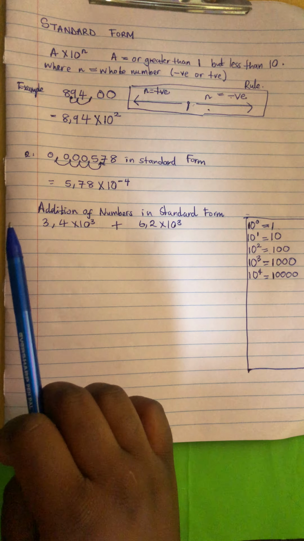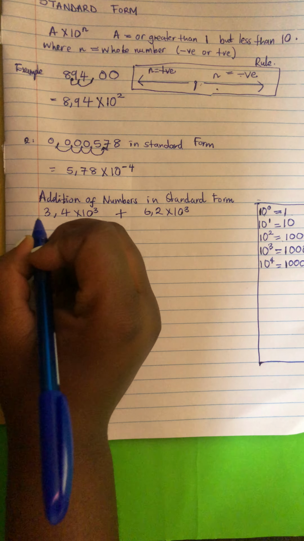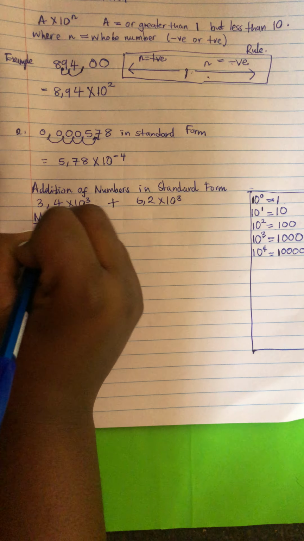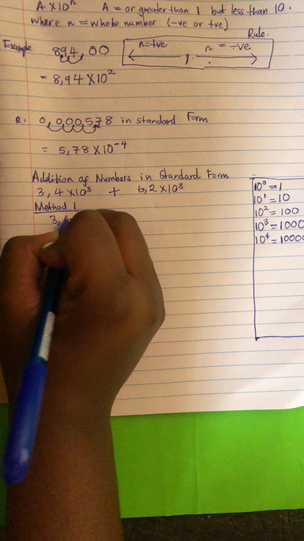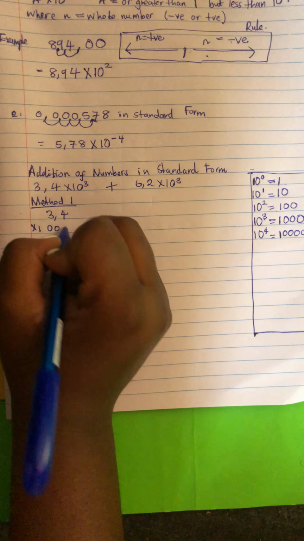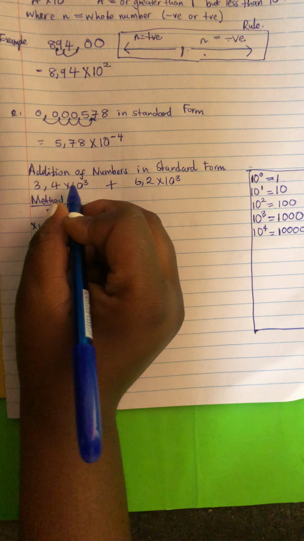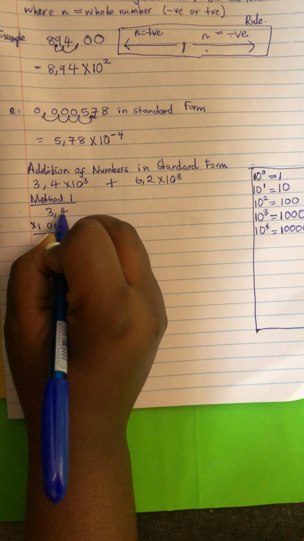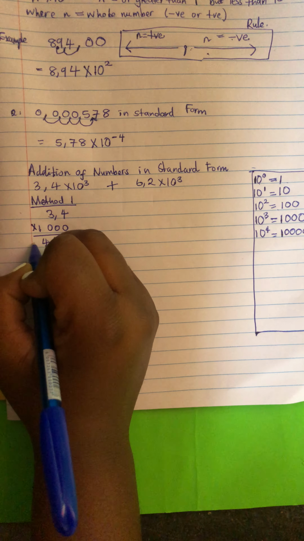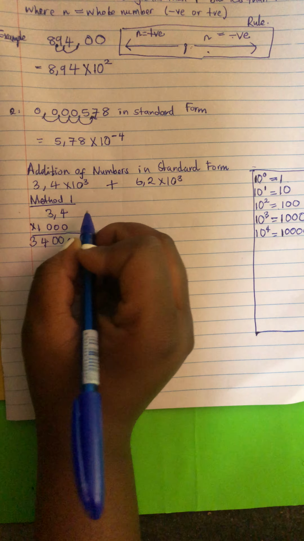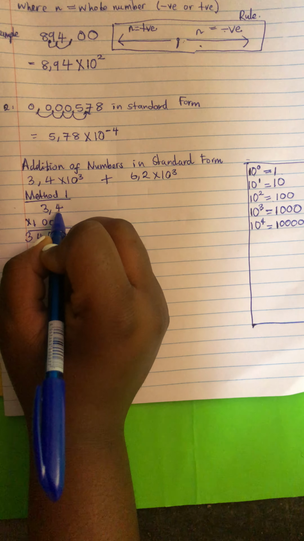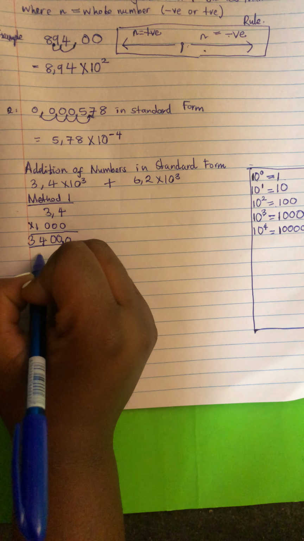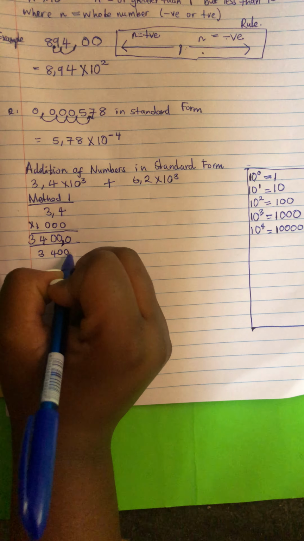I'll first use method 1, where we say 3.4 times 1,000, because 10 to the power of 3 is 1,000. So we write 0, 0, 0. 1 times 4, 4. 1 times 3, 3. It's 1 decimal place, so we write 1 here. So our answer is 3,400 for this one.